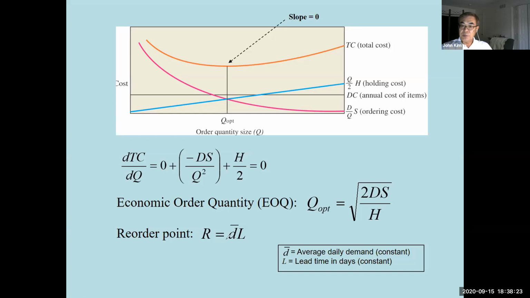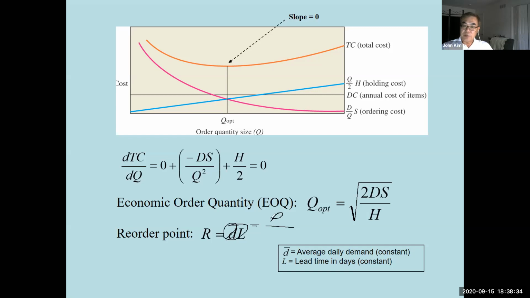So this one, daily demand, uppercase D, annual demand divided by 365.